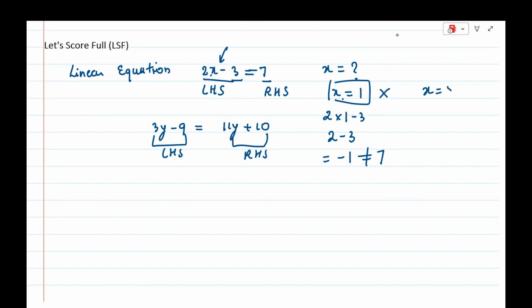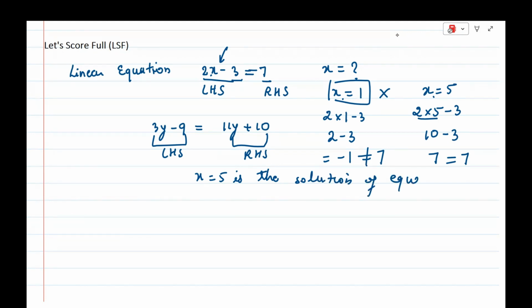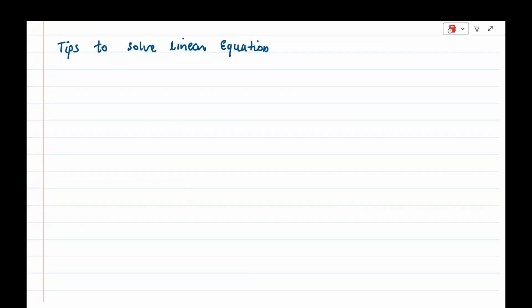If I say x is equals to 5, substituting on left hand side is 2 into 5 minus 3, which is 2 5s are 10 minus 3, which is 7. And which is equals to right hand side. So I will say x is equals to 5 is the solution of the equation.